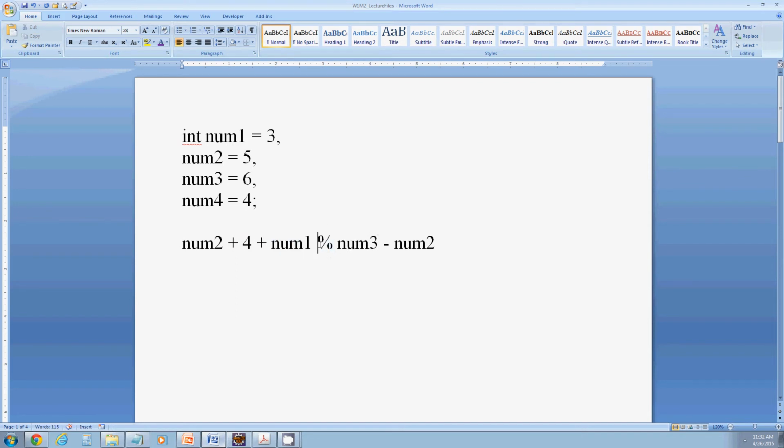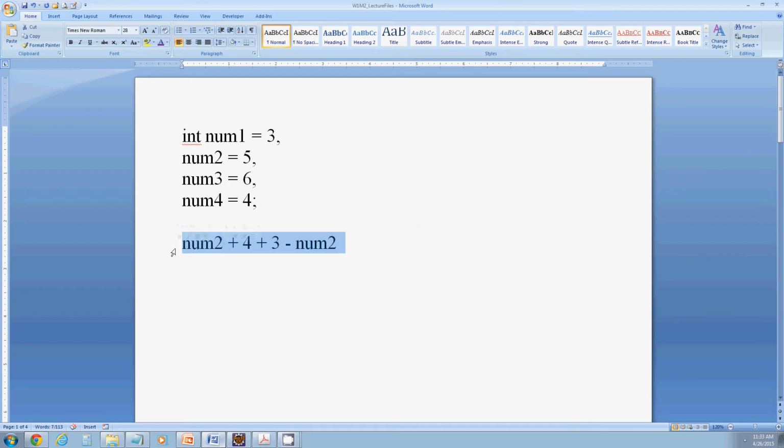Up here we find another operator with the same precedence, and we have num1 mod num3, so that's 3 mod 6. So if we have 3 gold bars and 6 people, how many gold bars are we going to have left over after divvying up the gold bars? Well, everyone's going to get no gold bars, and there's going to be 3 left over. Then we keep scanning, we reach the end, and we're done with that level of precedence.